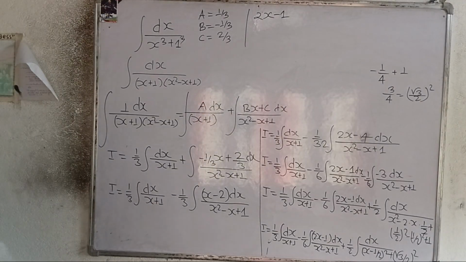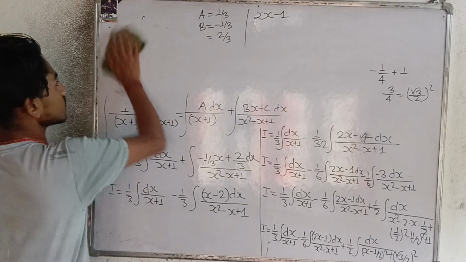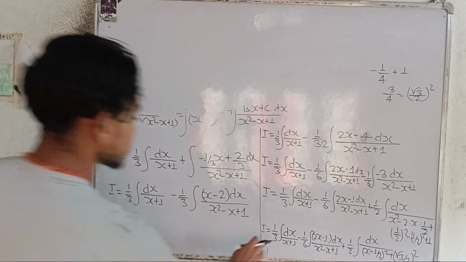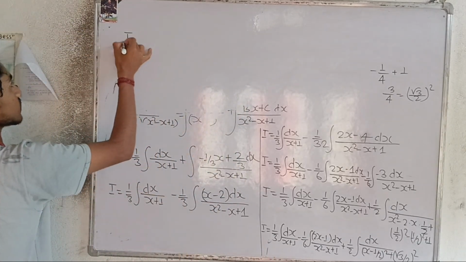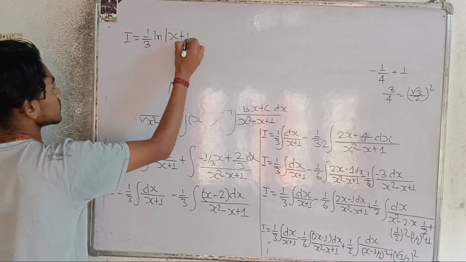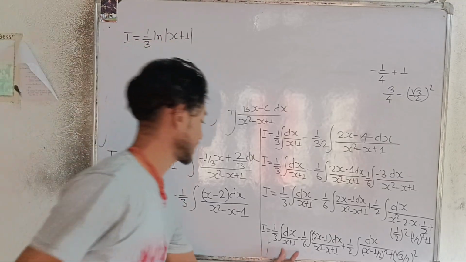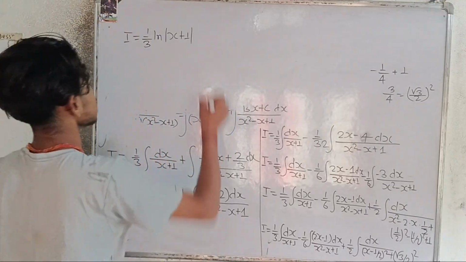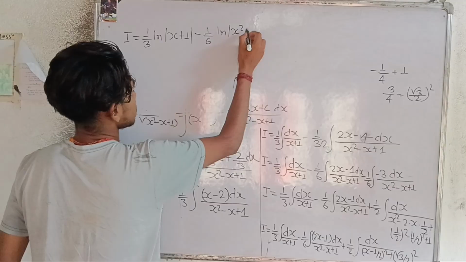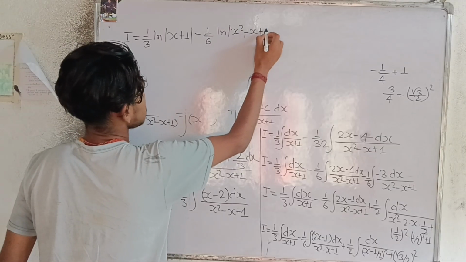So from here we just have I is 1 over 3 ln of x plus 1, right? So this can be written as ln of x plus 1, and this can be written as minus 1 over 6 ln of x square minus x plus 1.